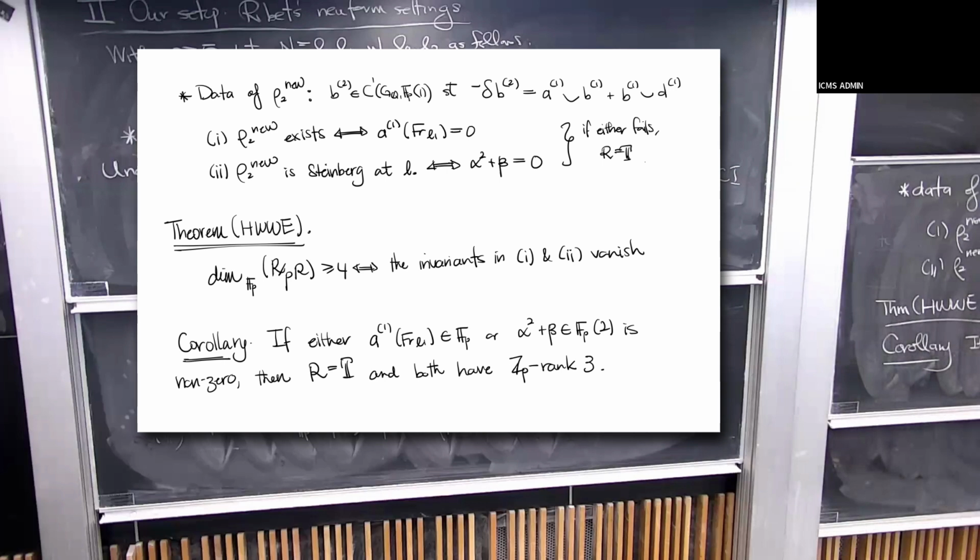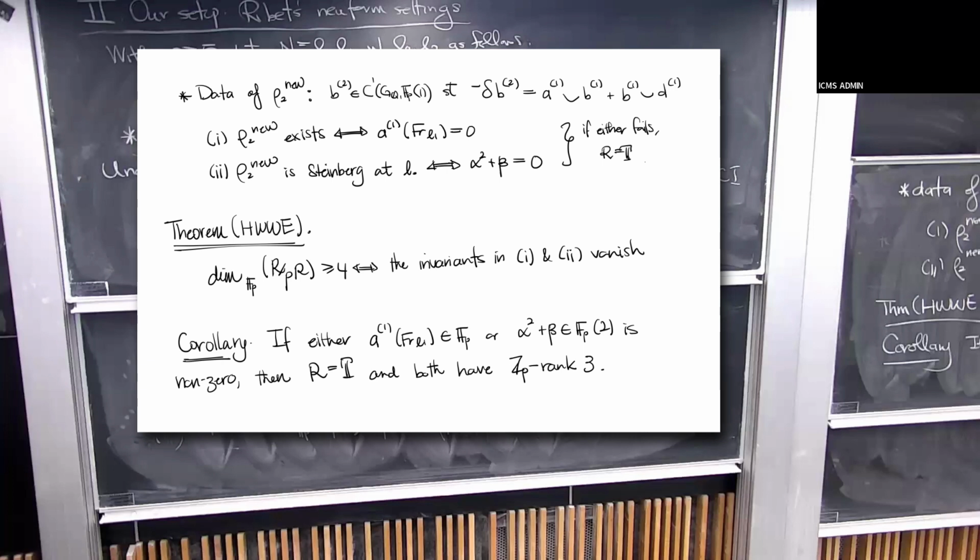To go from a statement when we're working mod P to a statement over ZP, it's an application of Nakayama's lemma. And it makes sense in our setup that we only get one direction, because we don't have R equal T at the start. So we're only getting equality when one of these invariants does not vanish.